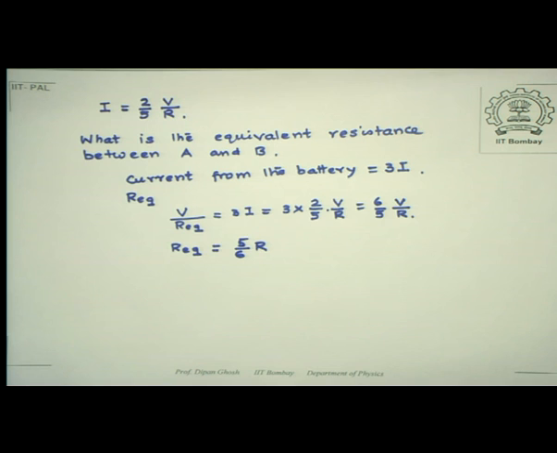Now, this is an example where if you had a priori assumed that there are 12 different currents in 12 different conductors, you would have a mess. But because we were able to observe a symmetry, we were able to do this problem without much effort.